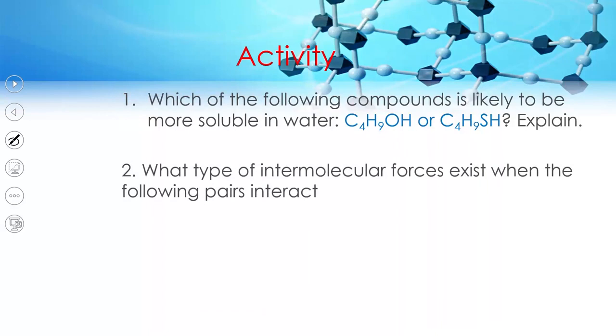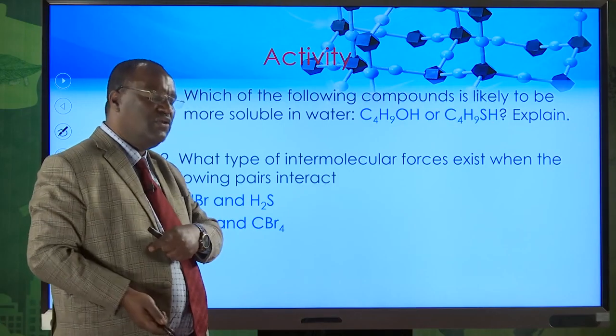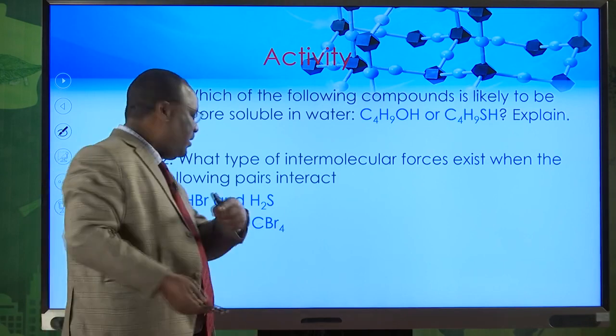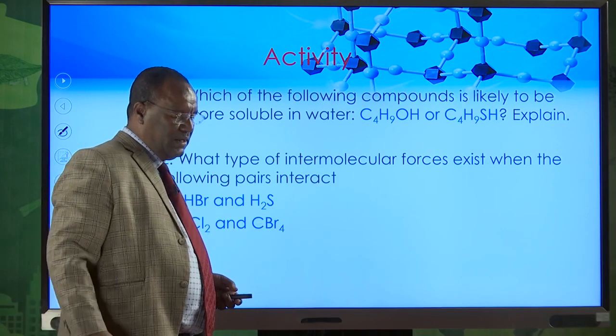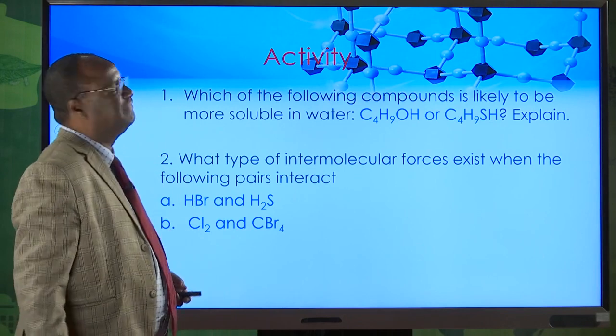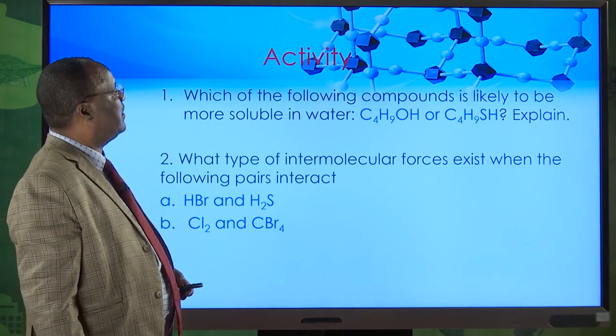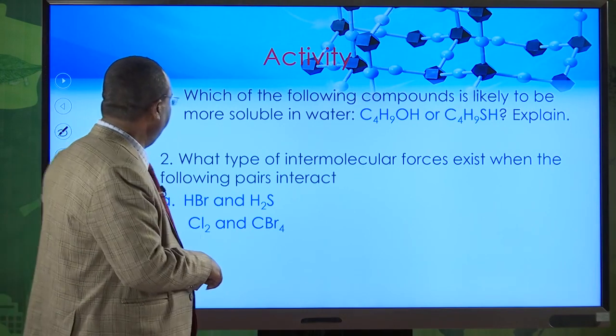The second question: what type of intermolecular force exists when the following pairs interact? The interaction between hydrogen bromide and hydrogen sulfide, chlorine molecule and carbon tetrabromide. Let's try to answer these two questions.